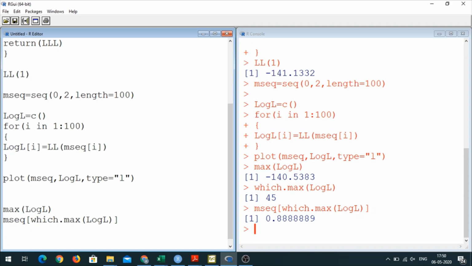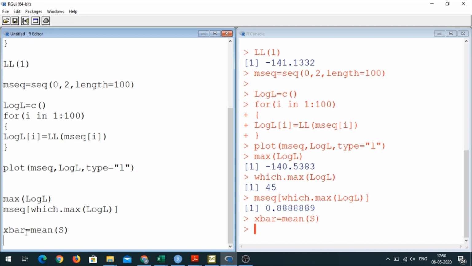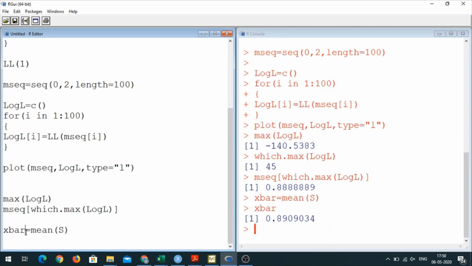And we know from our theory of normal that x bar is actually the MLE. So x bar, let me compute. It would be simply mean of S, and x bar here is, see, it is quite near 0.88, 0.89. Now one question is, why didn't I get exactly the same values over here?